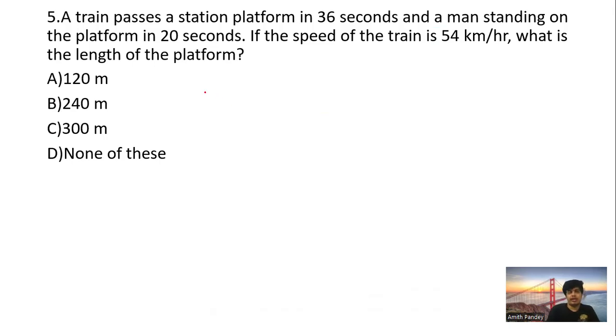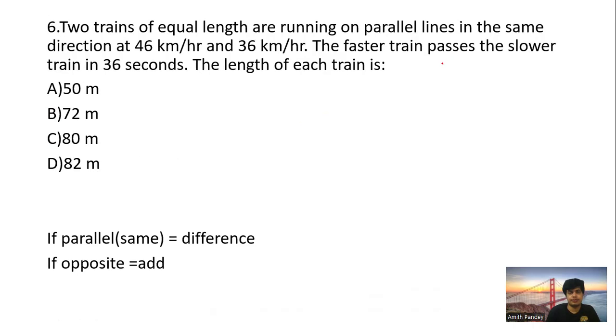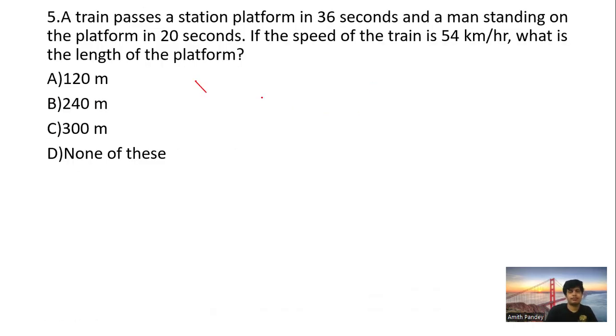Now let's go ahead. Let me read for you. A train passes a station platform in 36 seconds. There is a train, and it passes a platform in 36 seconds.